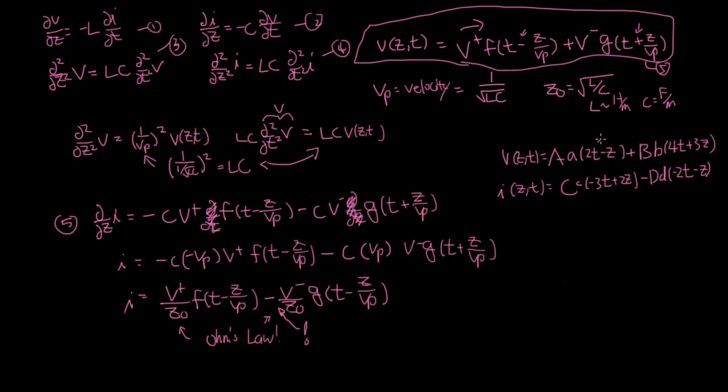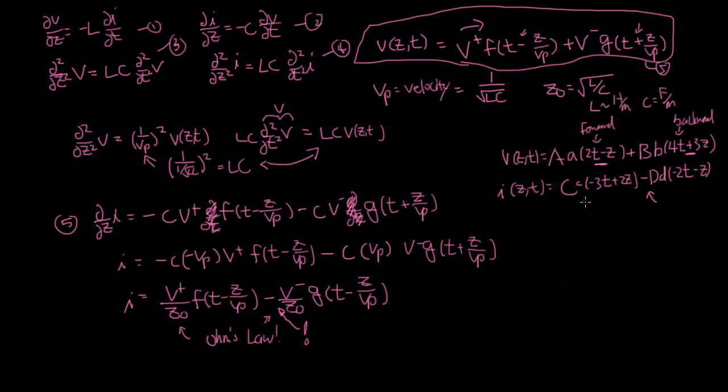Now, one of the things we'll note is that this is a forward wave, and this is a backward wave. We can tell this two ways. One is because these have opposite signs, and here t and z have the same sign. The other telltale sign is that for the first term, the current is positive, going in the positive direction, but the second term is actually negative. The other thing you can pull out, if you were given these two equations, is the velocity.